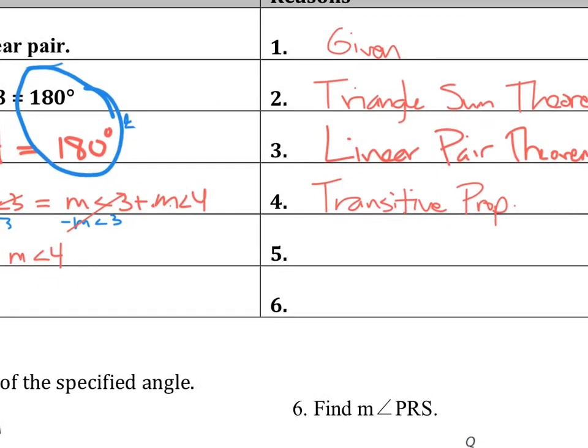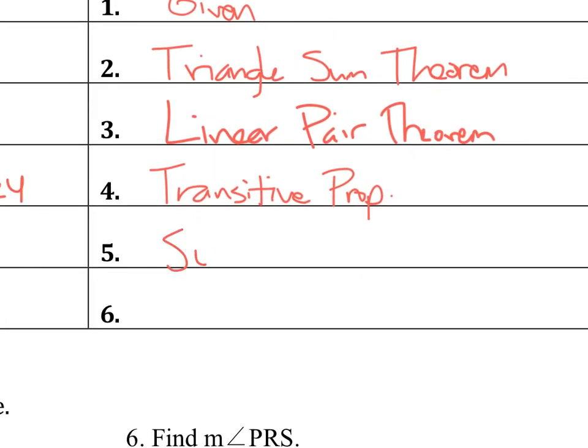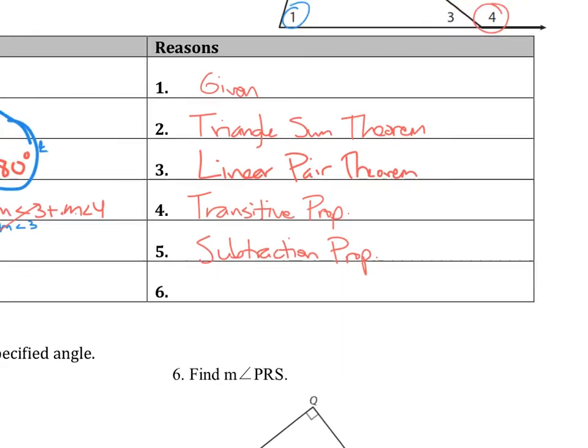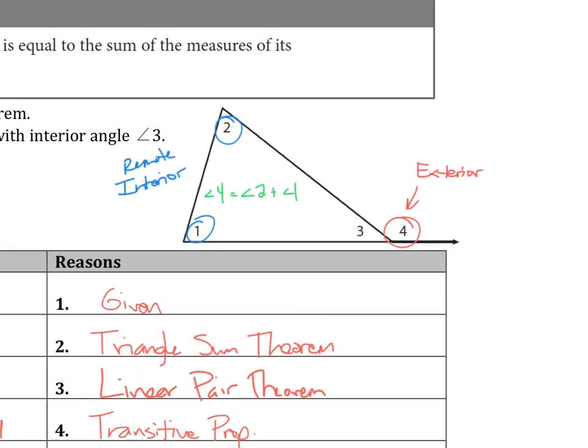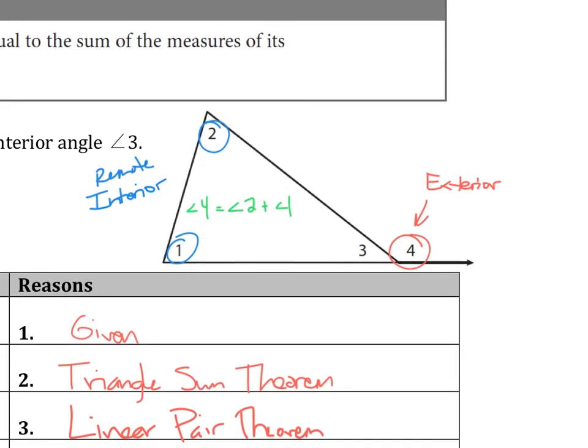And that, since we subtracted from both sides, is called the subtraction property. So that's the proof there. Again, the big idea is simply that the outside angle, angle 4 in this case, is equal to the two faraway inside angles added together.